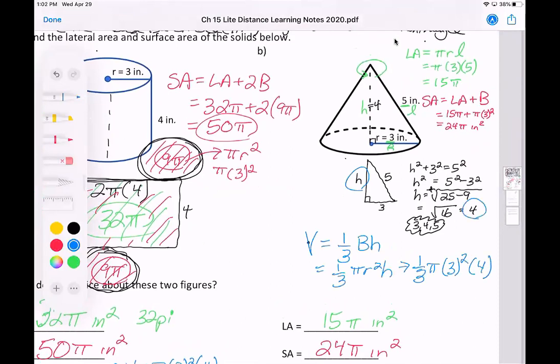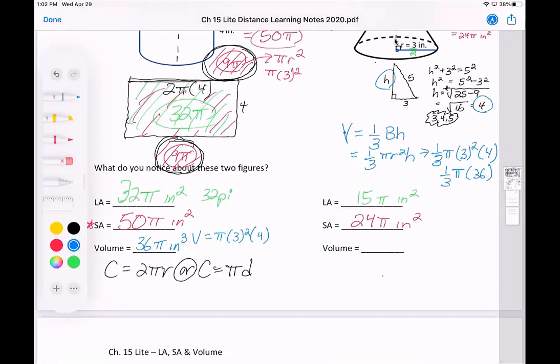So this would be 1/3 pi times 36, 9 times 4. I'm going to write it like this, 36 pi over 3.